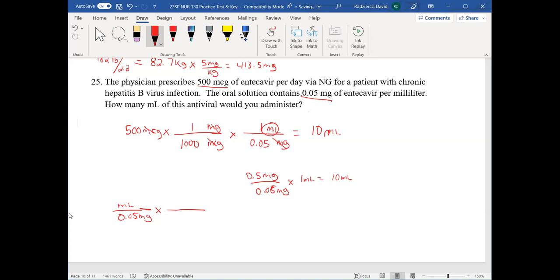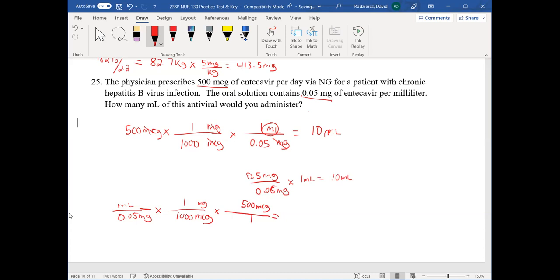Correct. So you need to convert. Step one, at least in my mind, is I would want to convert the milligrams to micrograms. Then you can put your 500 micrograms, and that should give you your answer.